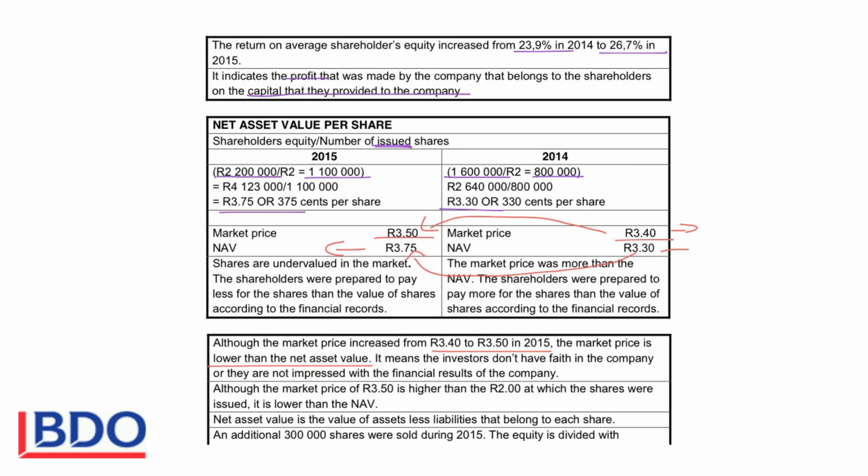What does that mean? The investors don't have faith in this company, they're not impressed with the financial results of the company. That's why they're not prepared to pay the net asset value for the shares. They are only prepared at the stock exchange to pay R3.50, although the value of the shares is actually more.